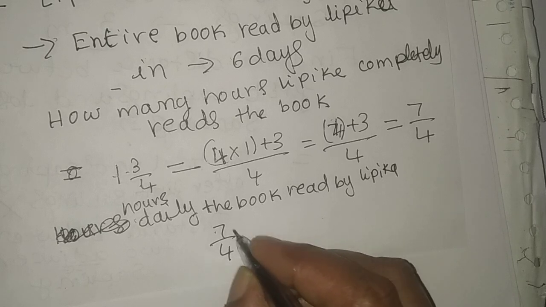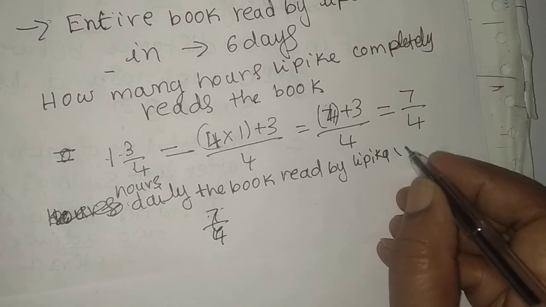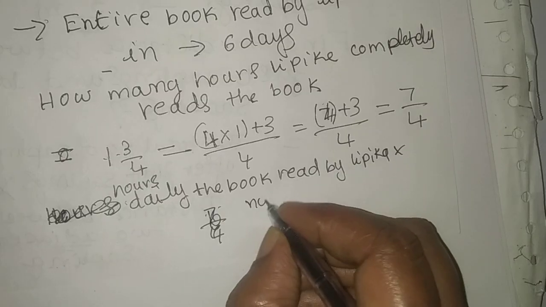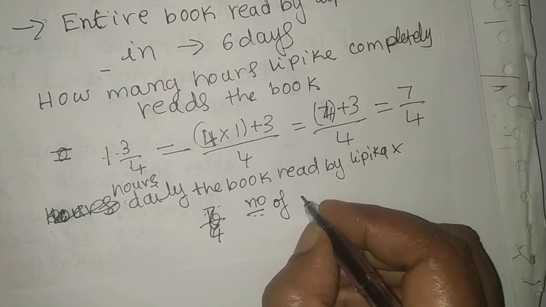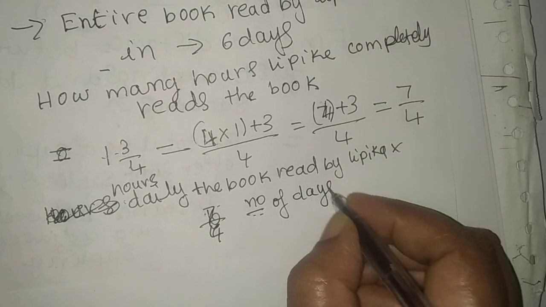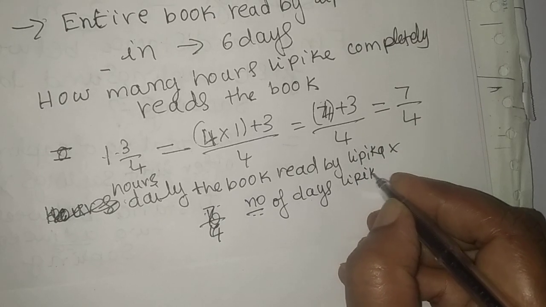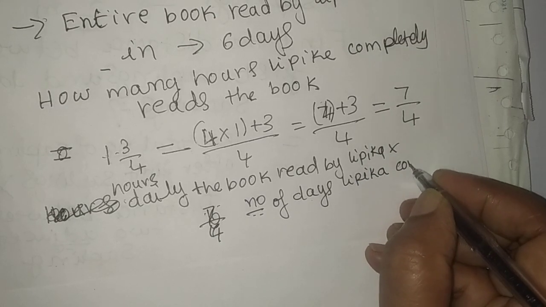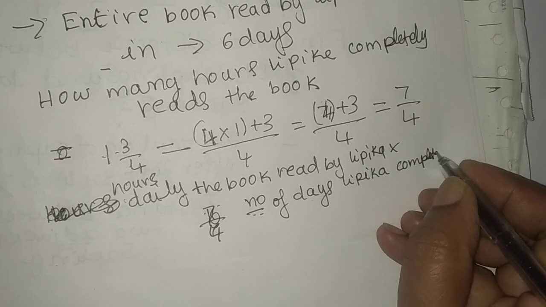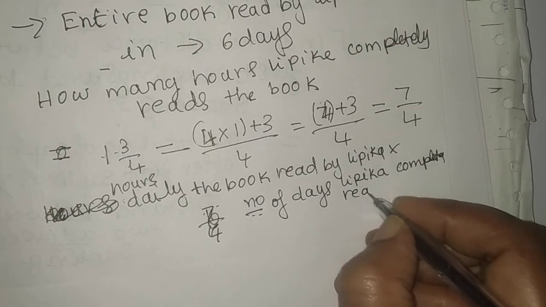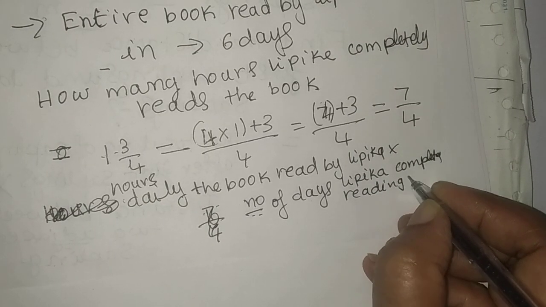Then into number of days, the number of days Fathima completes reading the book. Multiply this.